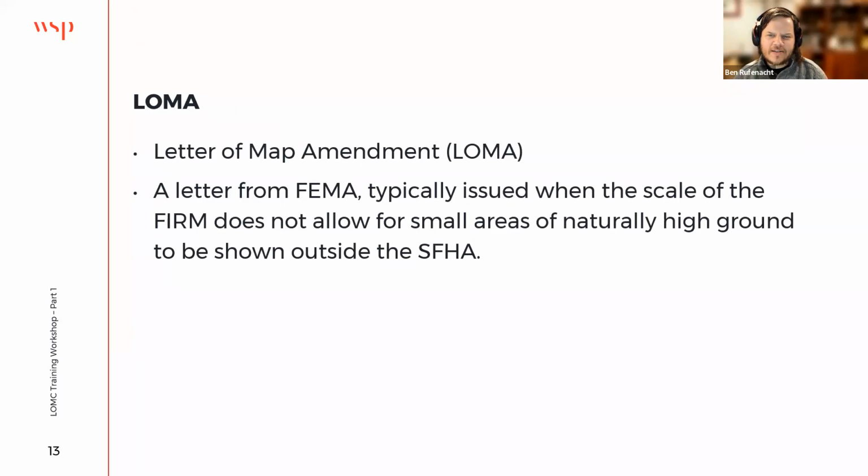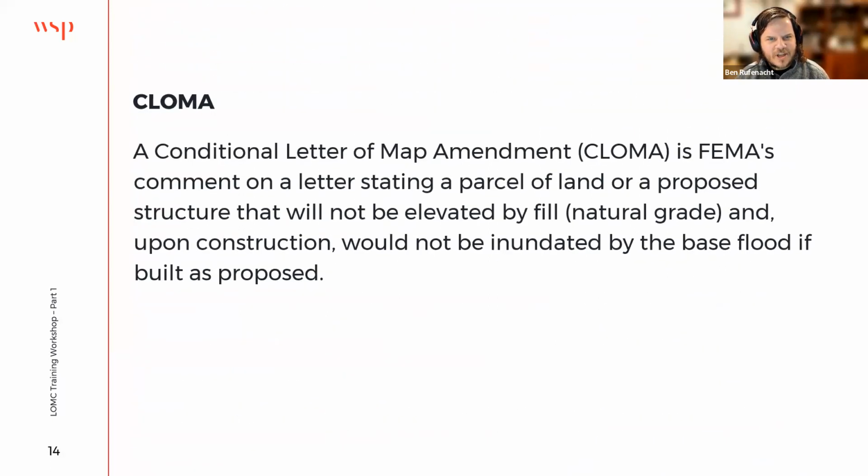This is where you get a survey done on the lowest adjacent grade of the structure and show that it is above the base flood elevation, and you will use a LOMA to officially remove that structure from the floodplain, even though the map does not get changed in this situation. The structure will have a certificate that says it does not need flood insurance. It is out of flood danger, according to the 1% floodplain.